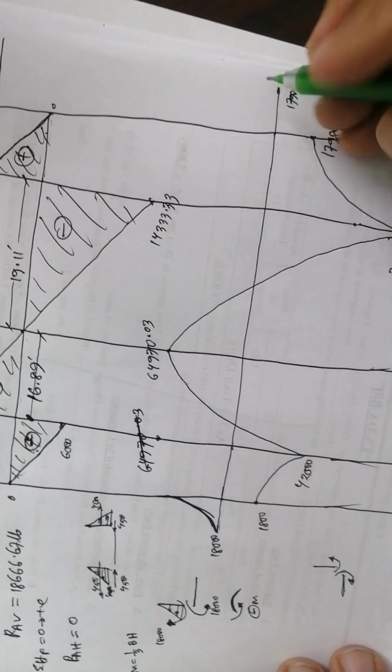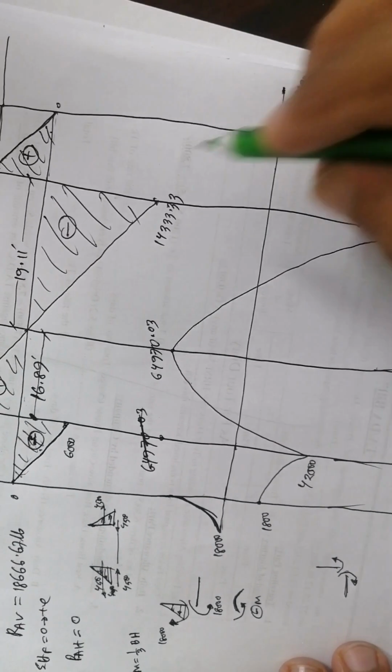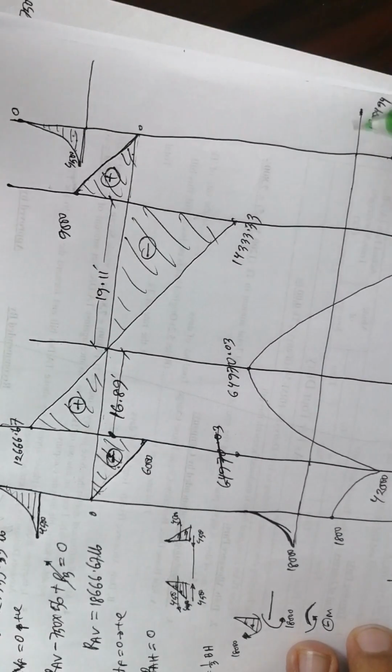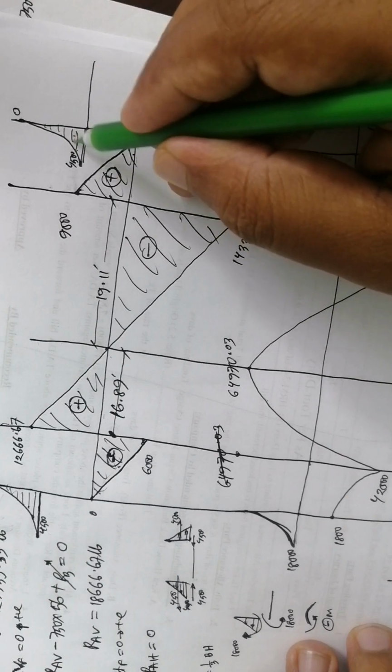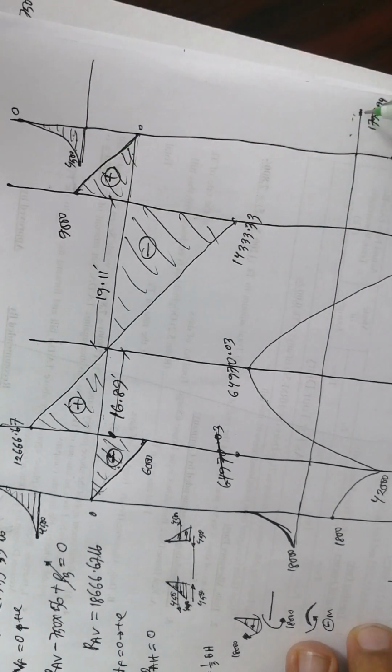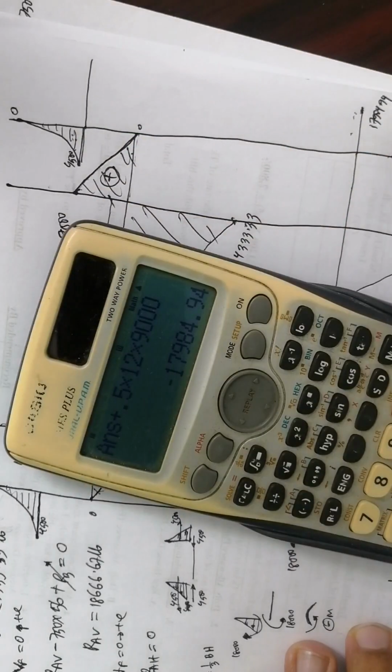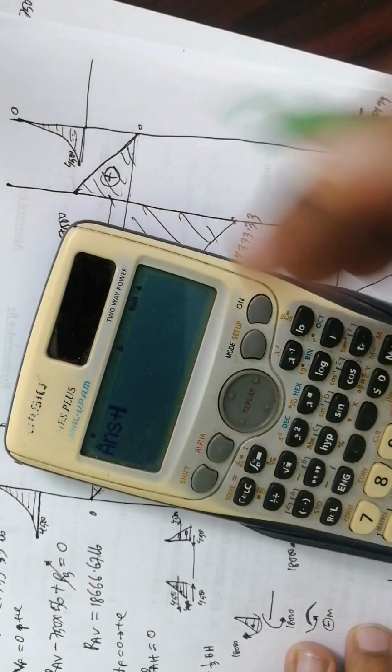And this is the shear force from this point to this point, opposite to this point, so it should be turned to 0 by this, which is positive plus this.